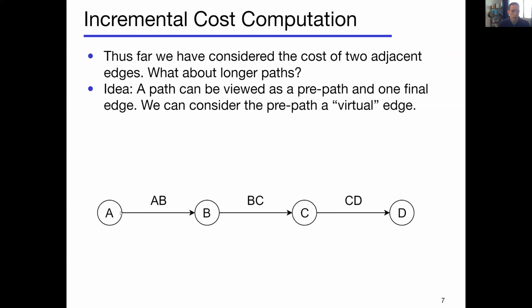So looking at the path we have here, A, B, B, C, C, D, you might say the cost of this full path is obtained by combining the cost of A, B, B, C, so this part here, with the cost of C, D. Now, the cost of A, B, B, C is obtained by having the cost of A, B plus the cost of B, C, right? So it's sort of an incremental approach.